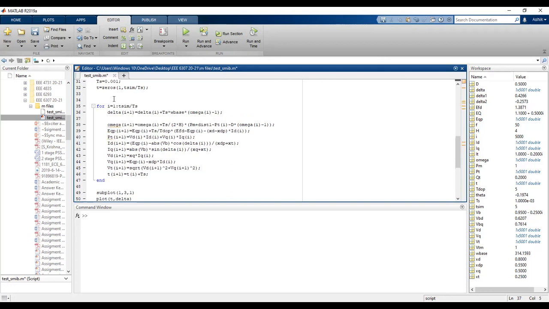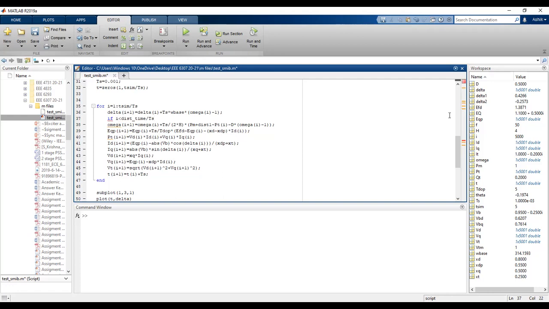Let's say we define the disturbance in such a manner that if the index I is less than dist time, and dist time is a time, when you divide it by TS, it becomes an index.